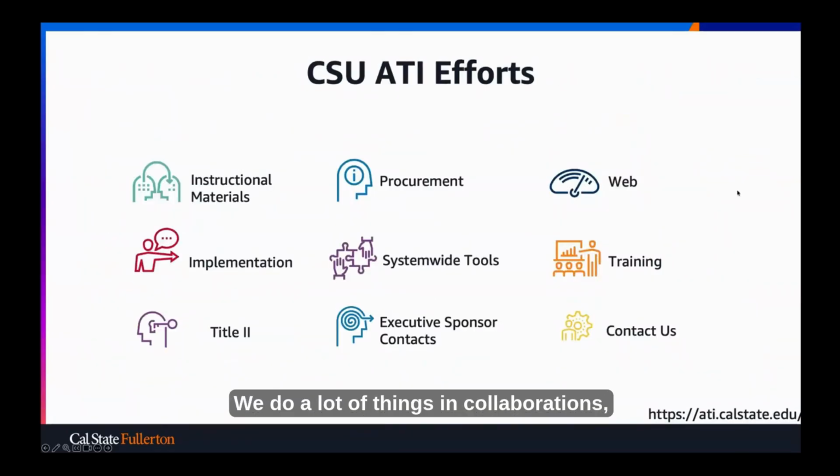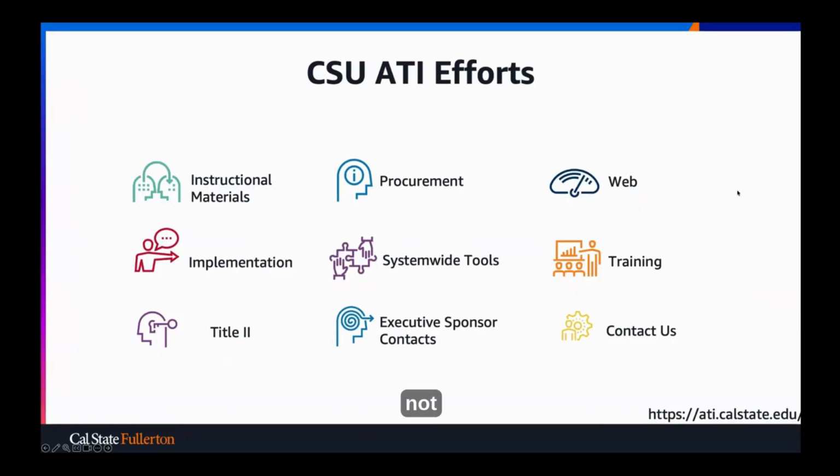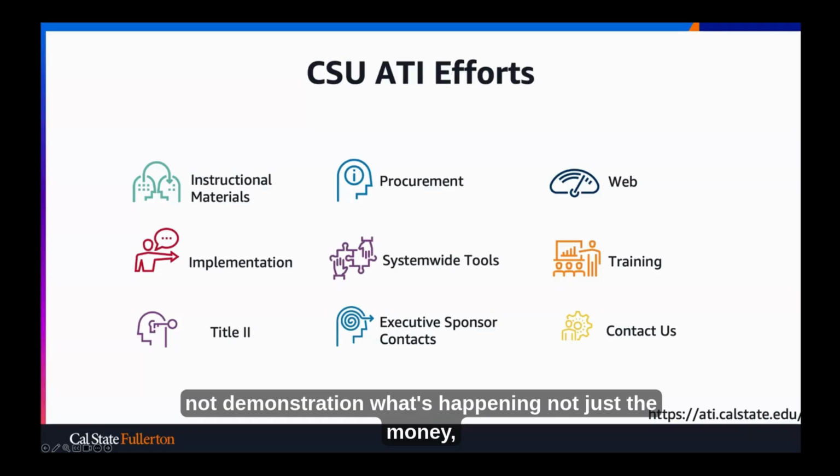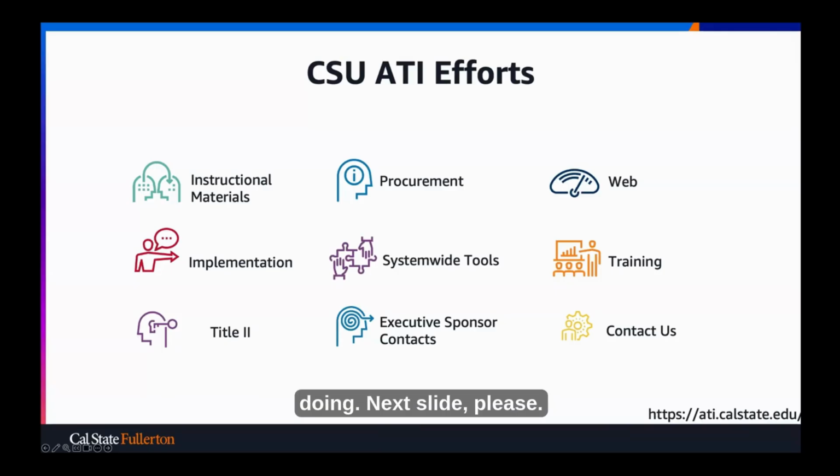Next slide, please. We do a lot of things in collaboration, not just from a technology perspective, from systems, but also from accessibility technologies. So ATI was launched back in 2006. The plan was to develop a plan, guidance, resources, and practices to make information and communication technologies, such as websites, instructional materials, and technology systems, accessible to students, faculty, staff, and the public in accordance with CSU policy and state and federal disability laws.